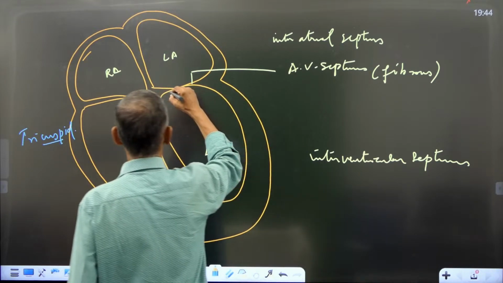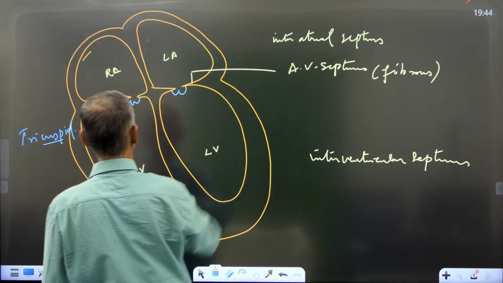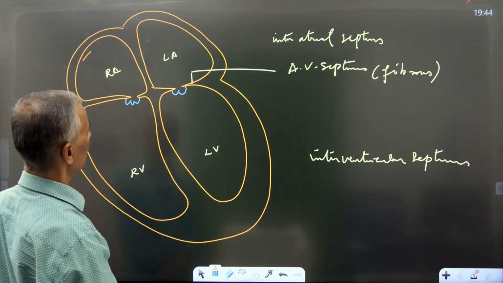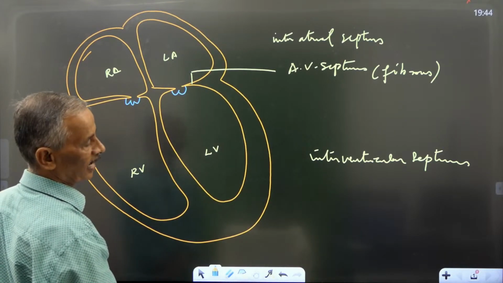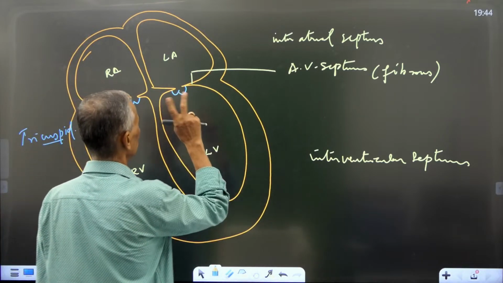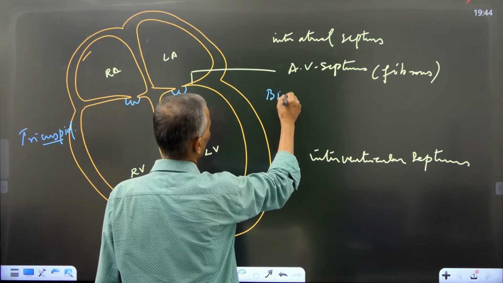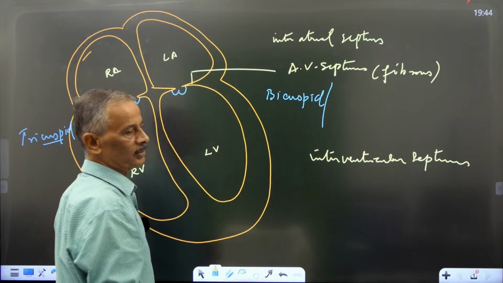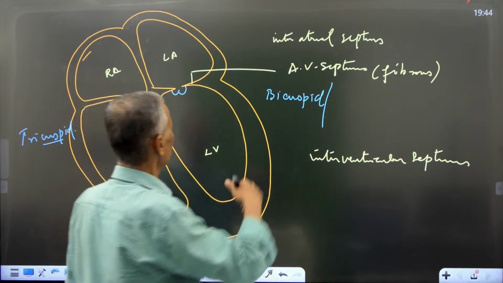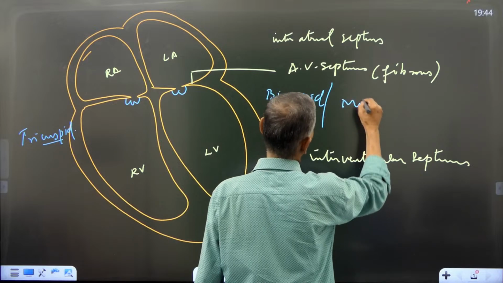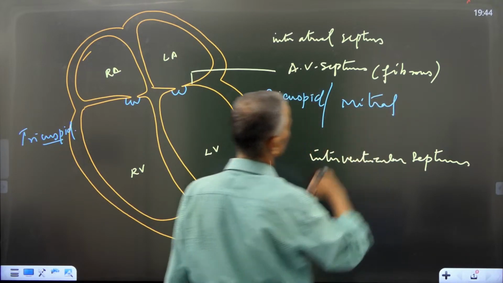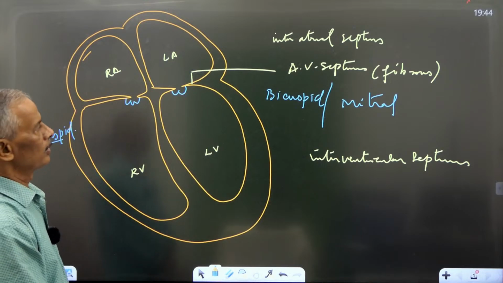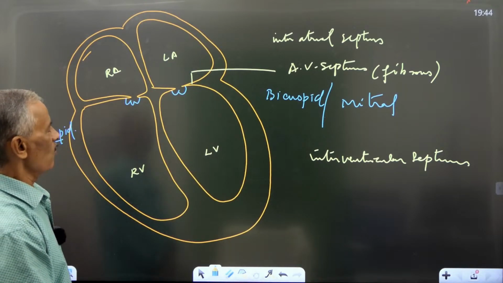Similarly, the left atrioventricular aperture is guarded by a valve which has only two flaps. So it is called bicuspid. Since it resembles the mitre of the bishops, it is called mitral valve. Bicuspid or mitral valve.